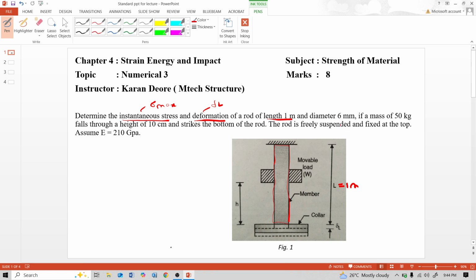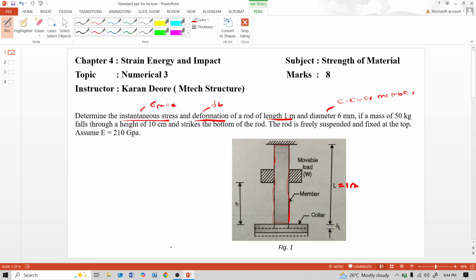And diameter 6 mm. So they have given us the diameter of that rod. That means we get the information that this rod is a circular rod, or you may call it a member.